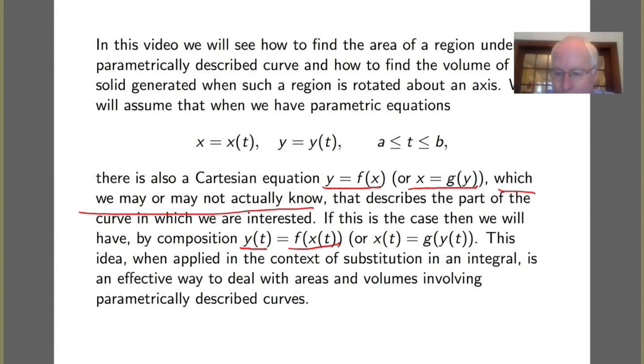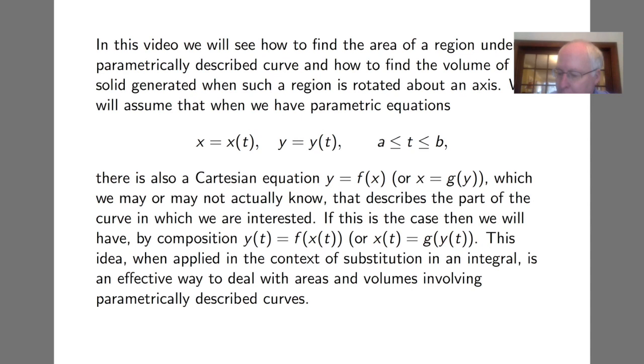So y of t will be this possibly unknown function f composed with x of t, or if we're working with the y variable, x of t can be given by substituting y of t into the g function. This idea, when applied in the context of substitution in an integral, is an effective way to deal with volumes and areas involving parametric curves. So we're going to take a look at two examples of this in the remainder of the video.